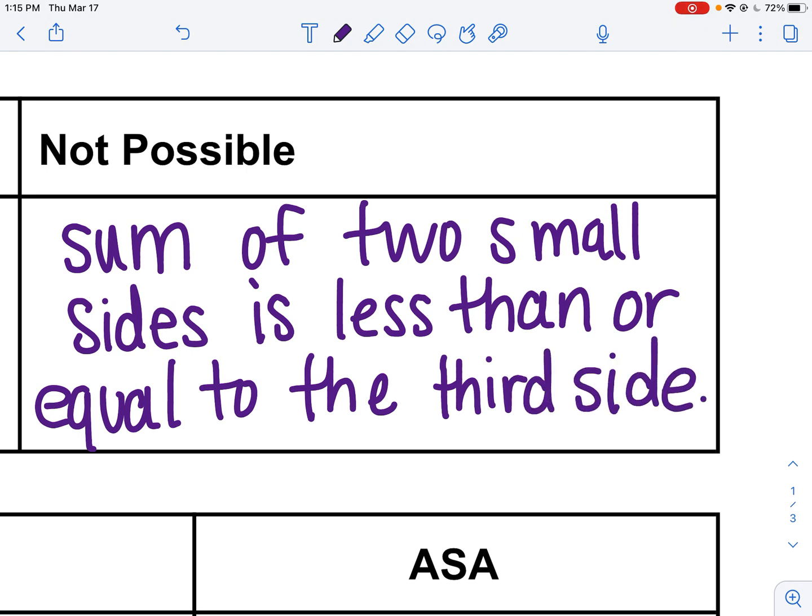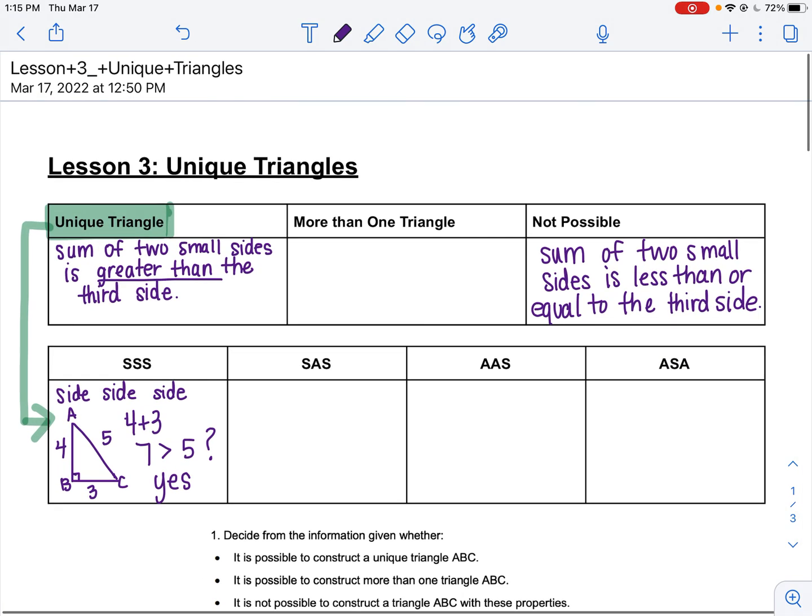So let's recap that one more time since we skipped around. In order for a triangle to have a unique property called side, side, side, the sum of the 2 small sides must be greater than the other side left over. And if that is not true, then you say it is not possible.